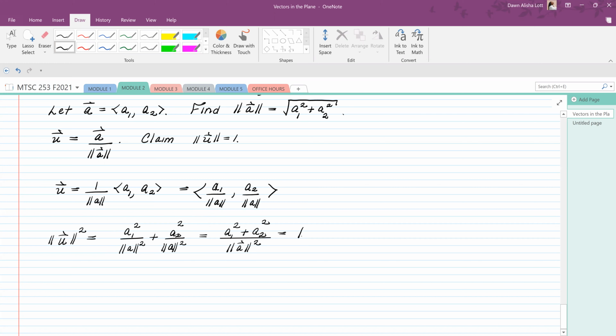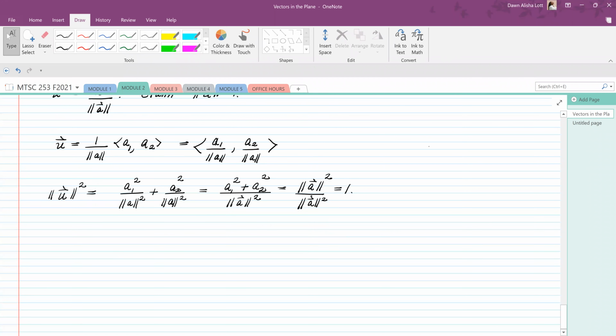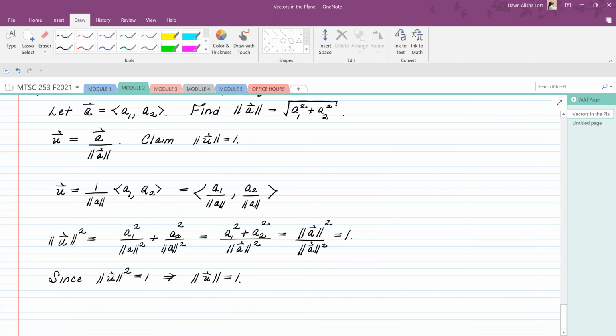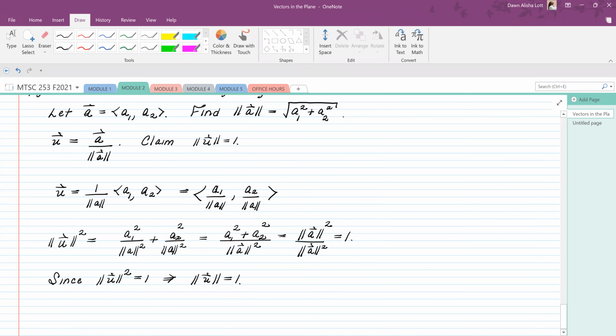But that's the length of A squared over the length of A squared, and that's 1. So since the length of u squared is 1, that implies the length of u is 1. So I can always make a vector into a unit vector.